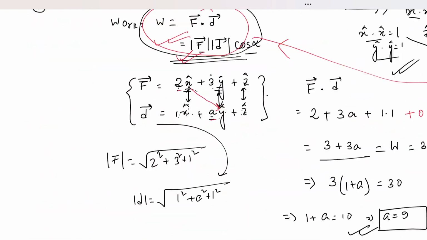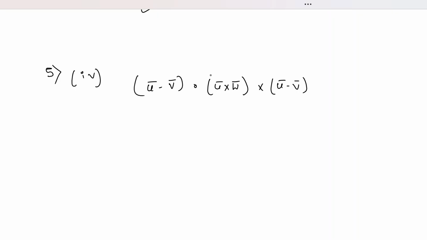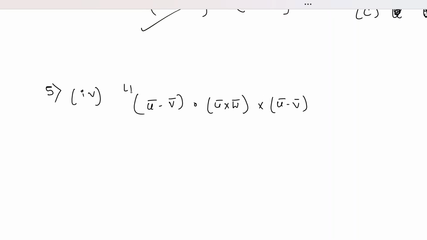Yes. Now they are asking whether the right hand side is 0. So this is our left hand side. Now you see that you can have a bracket term here. This is a cross product between two different terms and this is a dot product with another vector.